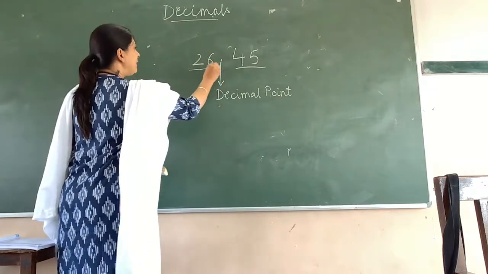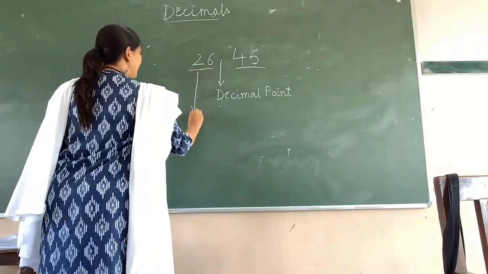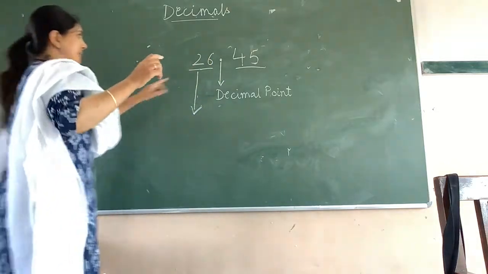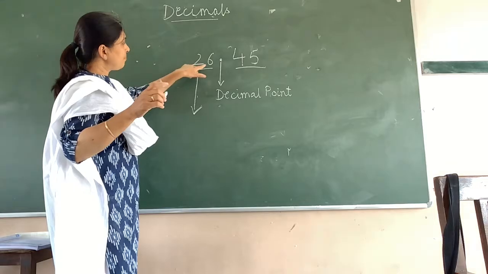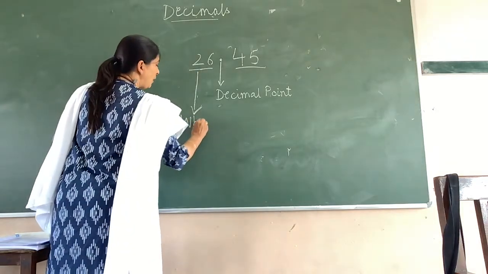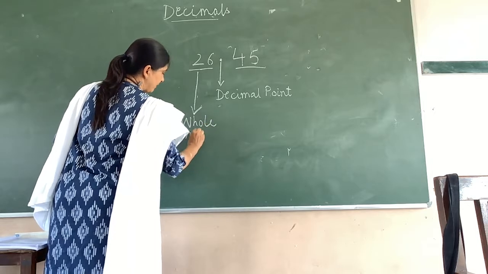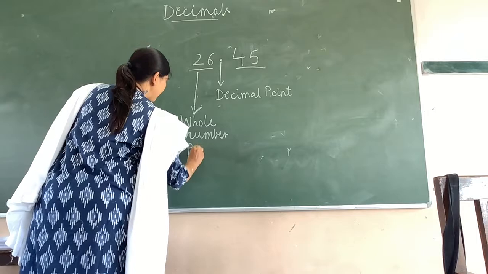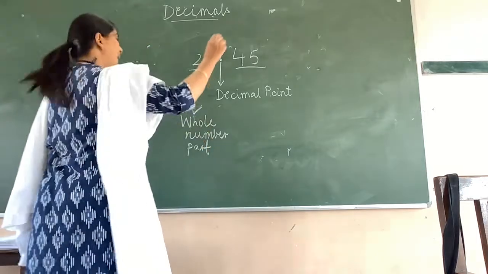The number that is written before the decimal is 26. It is called the whole number part.